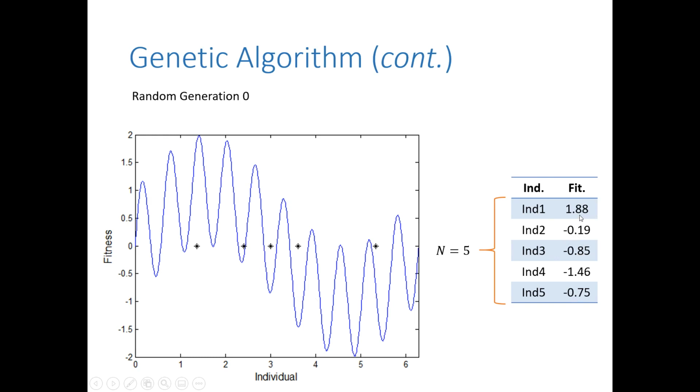So 1.88 refers to the cost value produced by individual 1. Individual 2 is here and the cost value is minus 0.19, and so on.